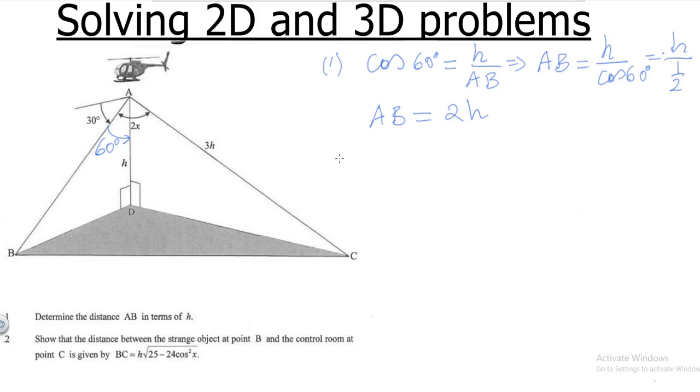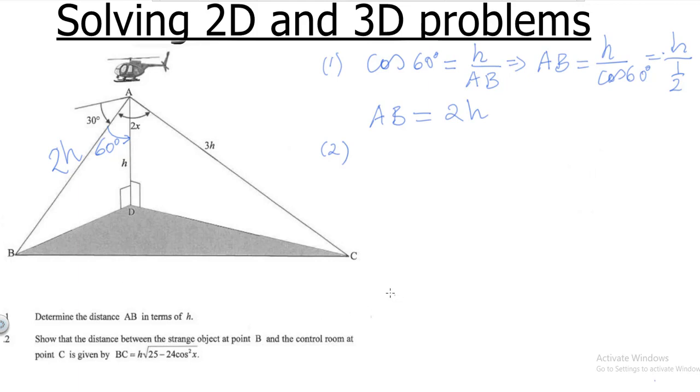Now, the next question says, we need to show that BC is equal to h times the square root of 25 minus 24 cos squared x. So now we have AB, which is 2h. We put it here. So now the question is, we have to find what?